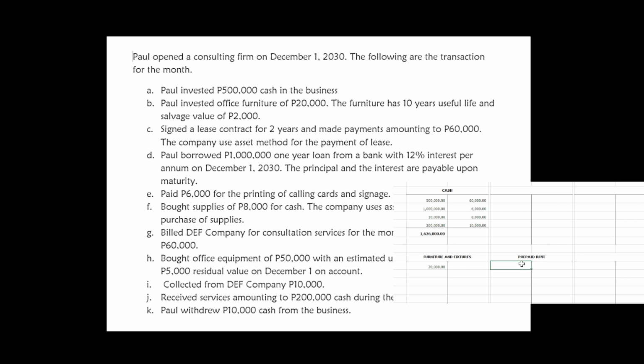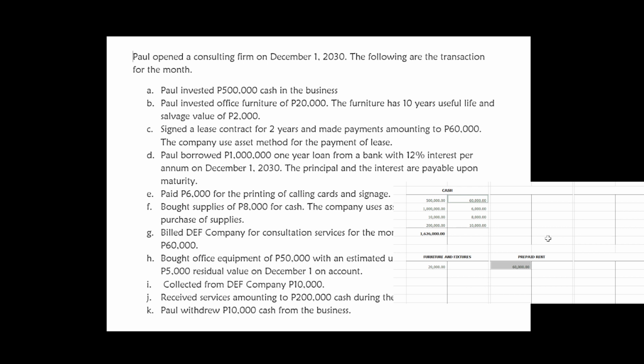So debit tayo ng prepaid rent, 60,000, and then, since nagbayad tayo, credit cash of 60,000.